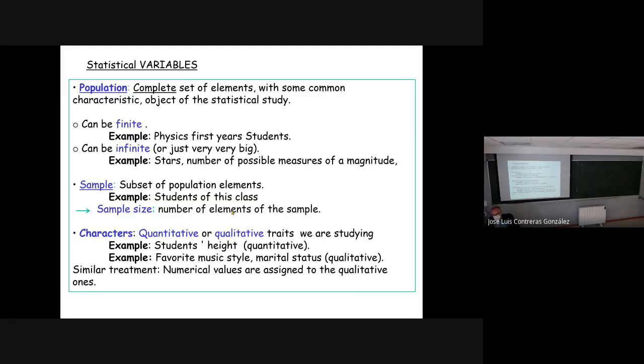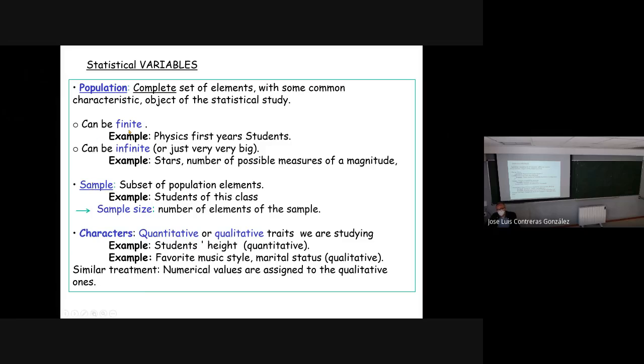Okay, so concerning the statistical variables, there are 3 concepts that you must have in mind. First of all is population, second one is sample, and third one is characters. The population is what we want to study, the complete set of elements we want to study. For example, when they make a poll to try to infer the result of an election, the population would be the whole population of Spain who can vote.